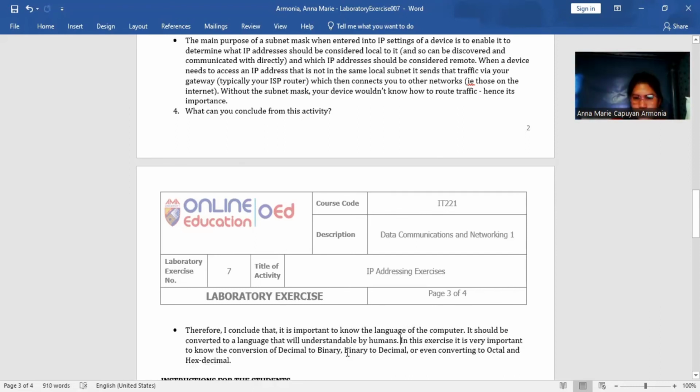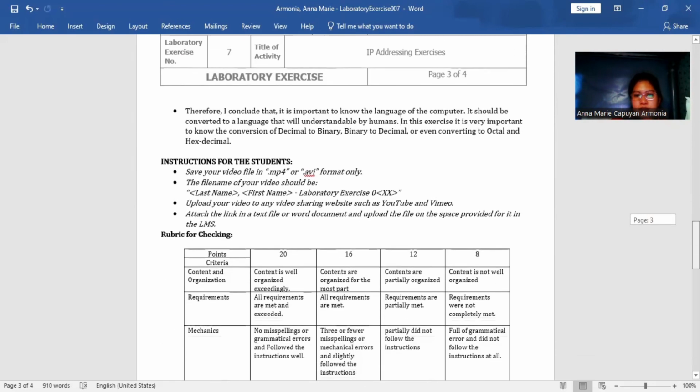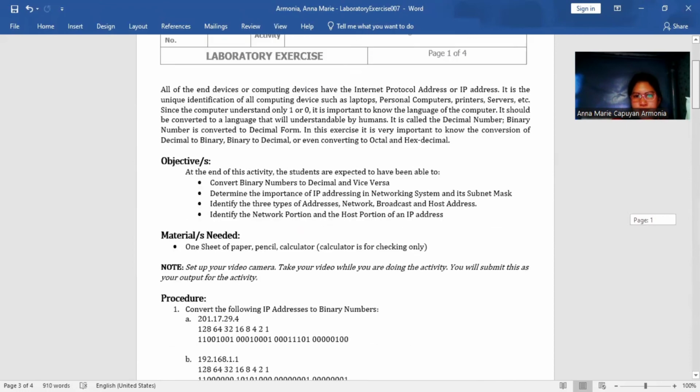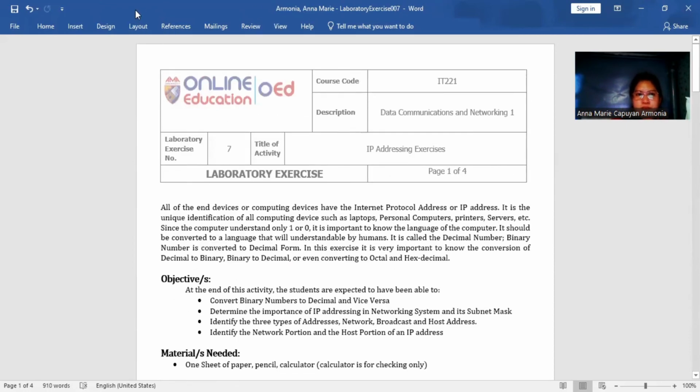In this exercise, it is very important to know the conversion of decimal to binary, or even converting to octal and hexadecimal. That's it for this laboratory.